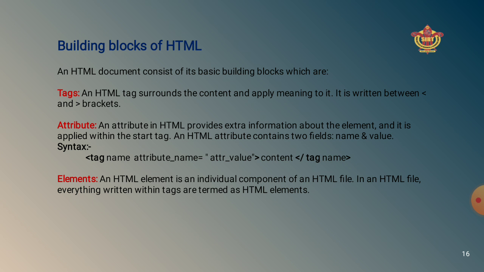Building blocks of HTML: tags, attributes and elements. An HTML tag surrounds the content and applies meaning to it. An HTML attribute is additional information in the tags. An element is an individual component of HTML files.